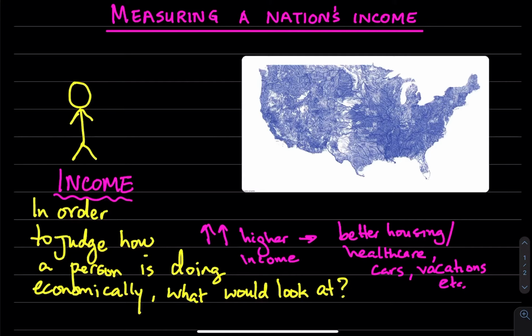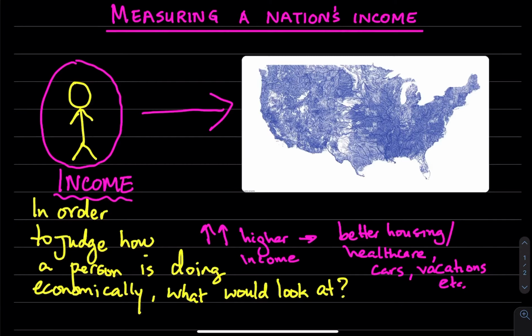Okay, so the same logic that we think about when we're talking about an individual can be scaled to an entire economy. So when we are thinking about a nation's overall economy, we can also see whether the economy is doing well or it's doing poorly. And for that, we like to look at the total income that everyone in the economy is earning.